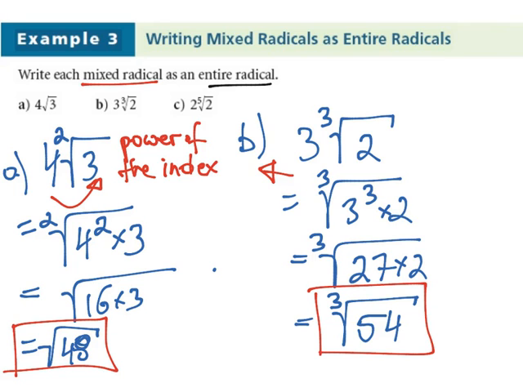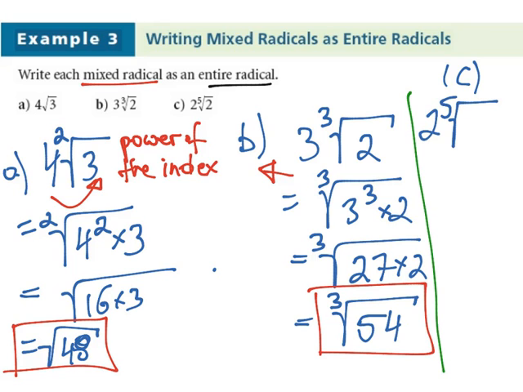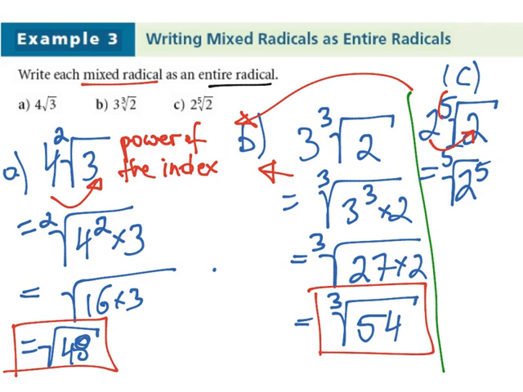Last but not least, hopefully I have enough space. This is our C. 2 with index 5 root 2. So again, we're looking for power of the index. We take 2 to the power of 5 because we have to bring this in, the power of the index 5.